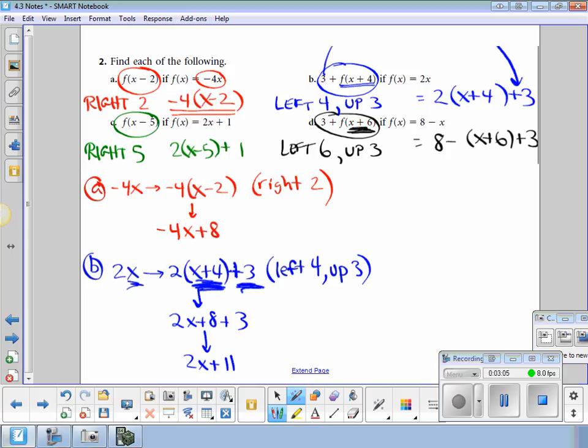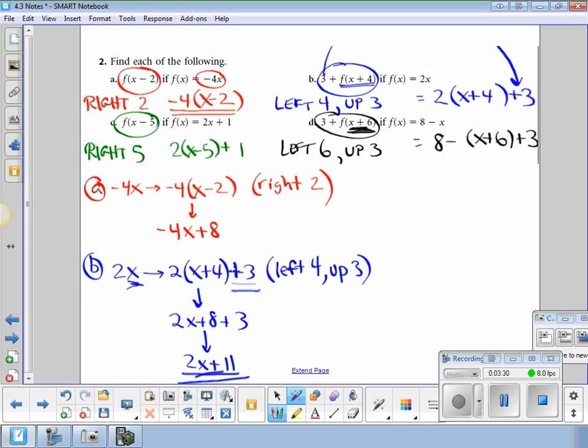So that graph would have gone left 4, up 3, and it would have made a picture. You could graph it now, or you could graph a different function, and would it land in the same location? That's my question. Instead of making it move left 4, up 3, what does it come out to be when you distribute it and simplify?